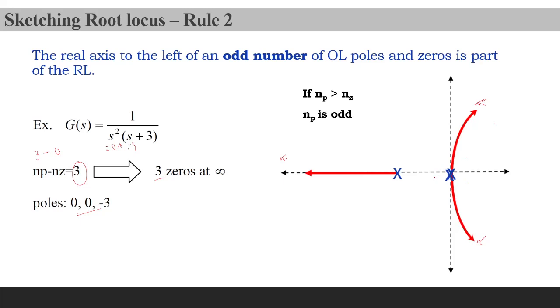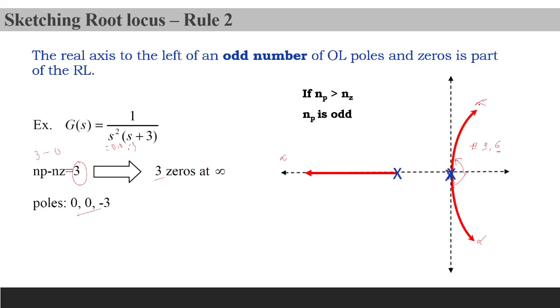So again, you would have the same question: why do we choose these directions, why this direction for this one, and why this direction? This will be covered in rule number 3, and the breakaway point would be covered in rule 6. So do not worry about your directions.